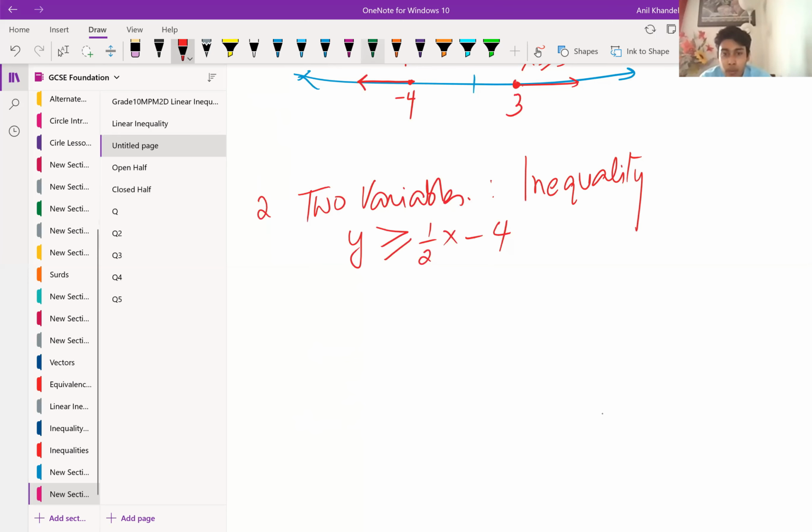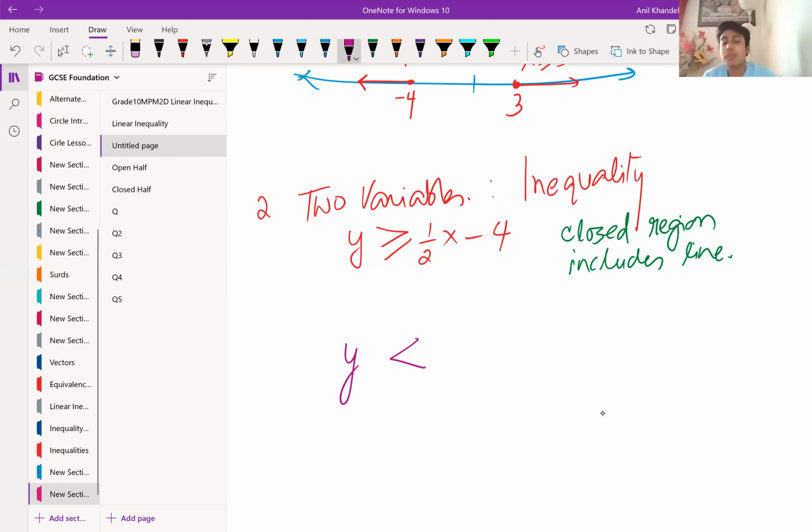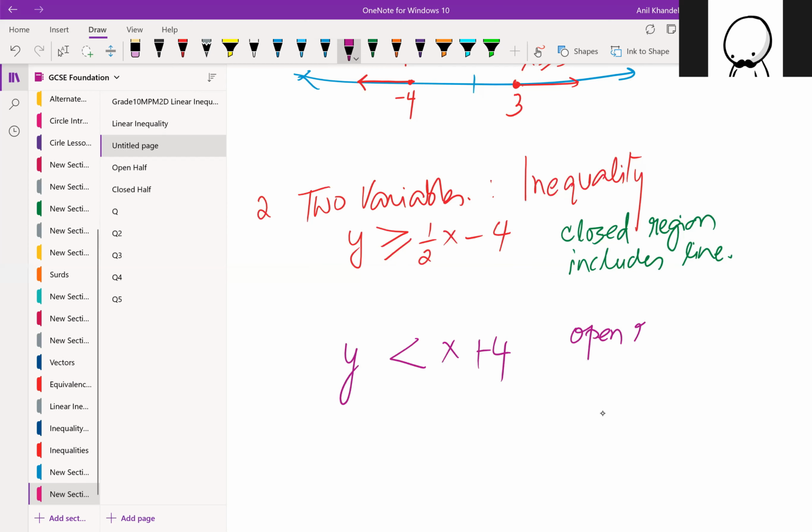If I have an equal to sign, it really means it is a closed region. It means include the line. On the other hand, if I have an inequality which is y is less than, let us say, x plus 4, in that case, we are saying it is an open region.